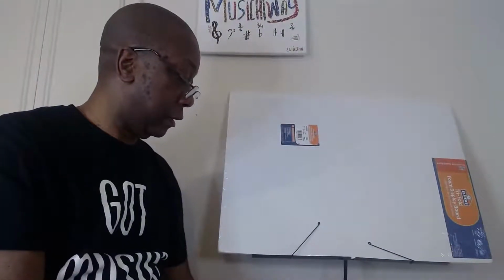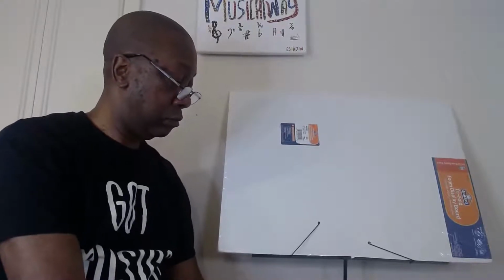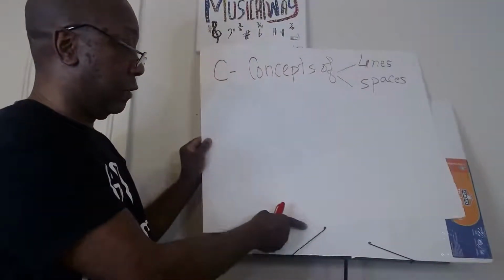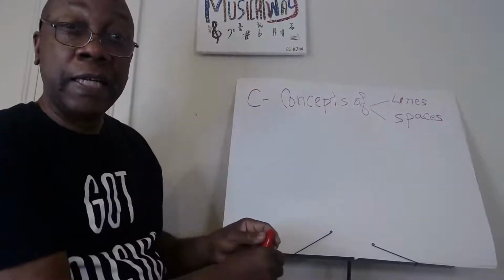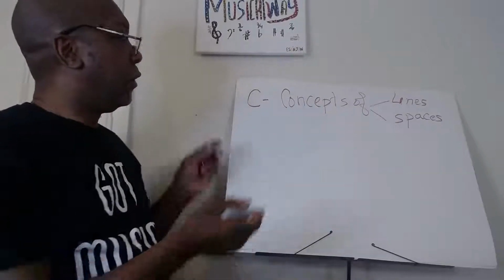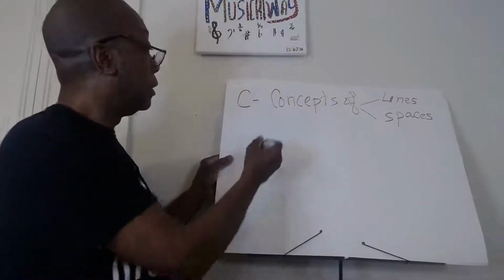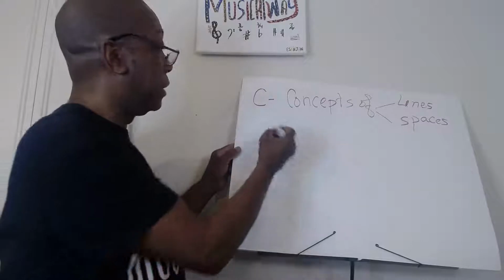And then the next one that we have is the concept of line and spaces. My voice will be the guide, and then I'll bring up my presentation. Line and spaces. Now let's use the alphabet letters, which are the music alphabet.